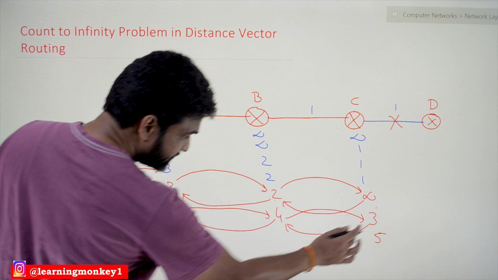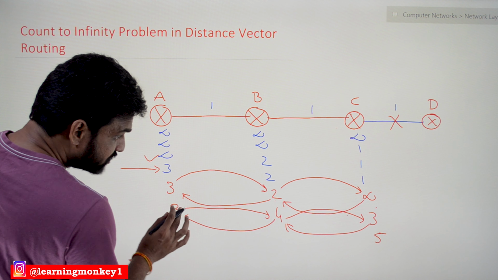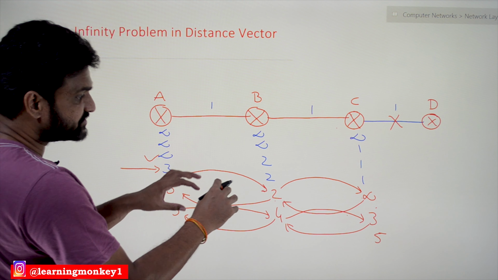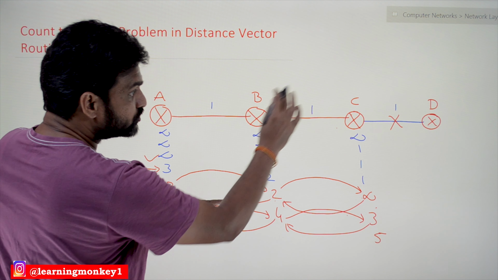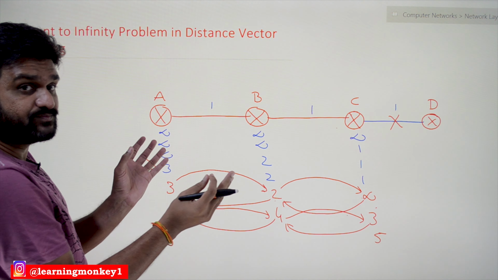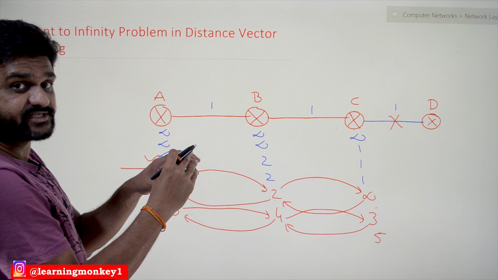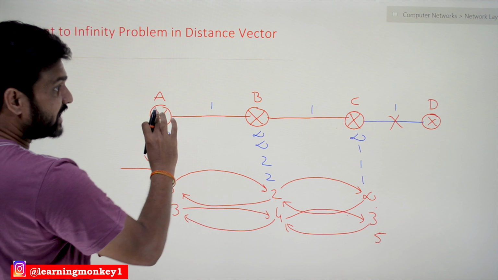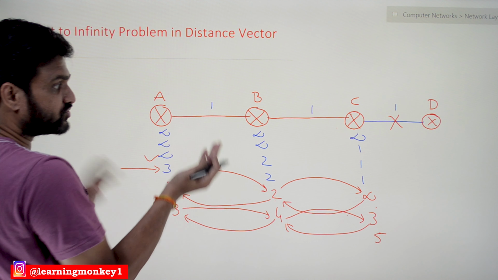Now it has transmitted 3, and this also has transmitted 3. So both are transmitting 3. For it to transmit to D, either it should go to C or to A, as both of them are taking a distance of 4. So from B to A it is 1 and A to D it is 3, so total is 4.